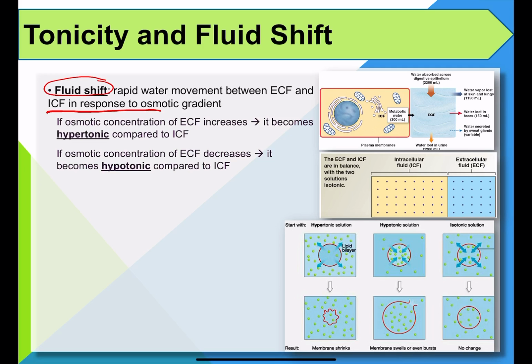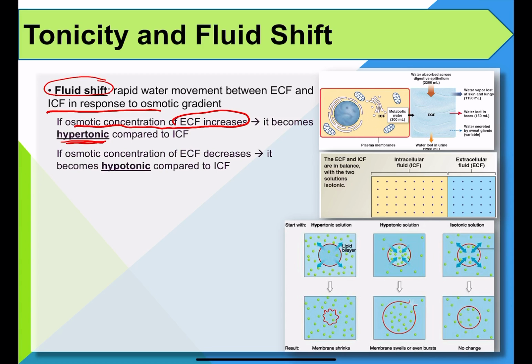Now, this brings us back to the idea of tonicity. When the osmotic concentration of your ECF increases, which means you have a lot of solutes floating around in your ECF, it becomes hypertonic compared to the ICF.